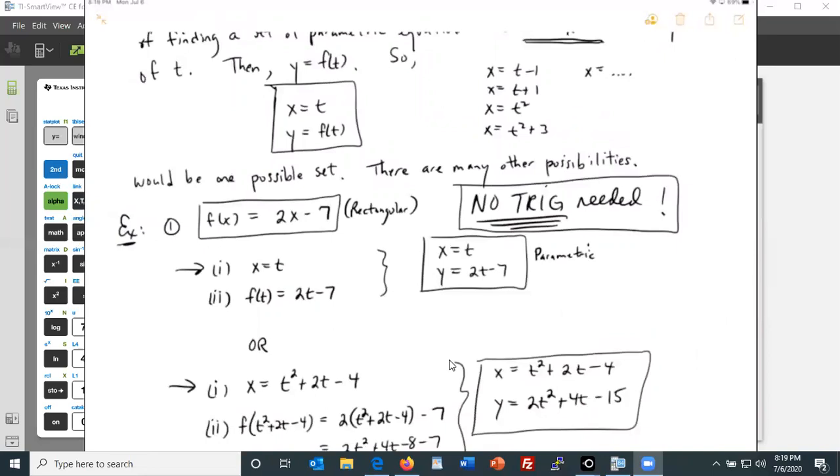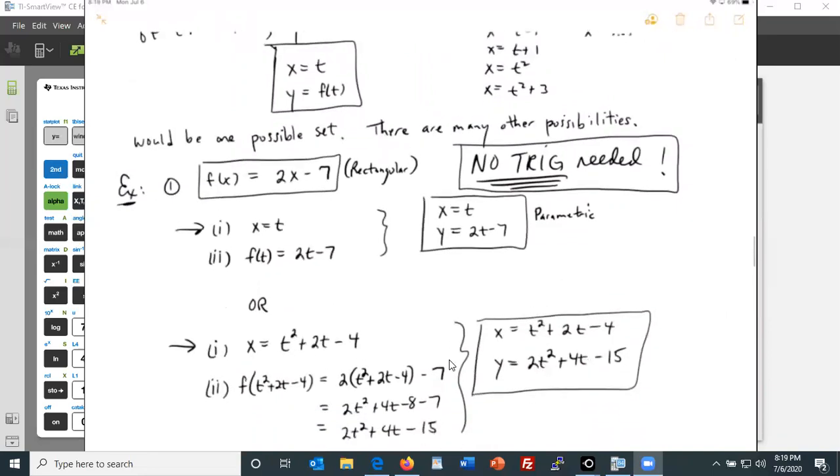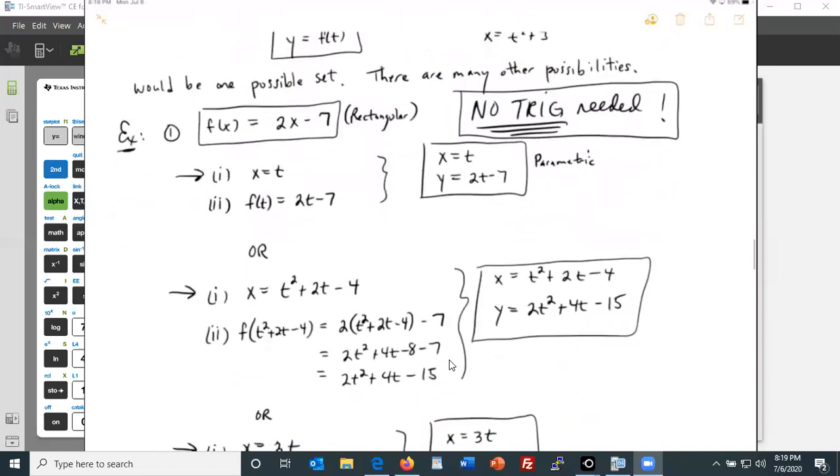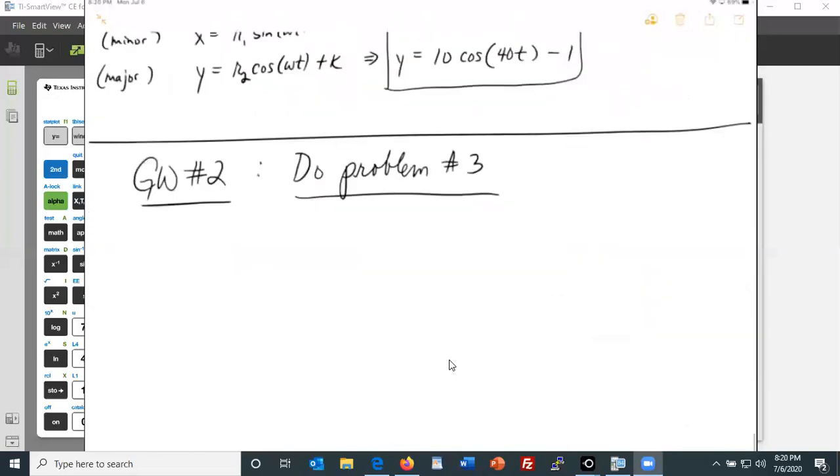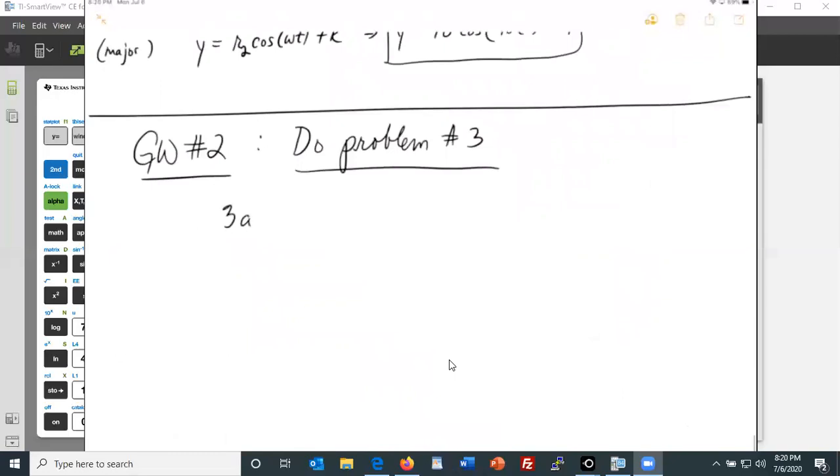So 3A on the lab is like this. Go back and visit this part for 3A on the lab where no trig is needed. So 3A is no trig. But then B through E is trig, like we just did here, okay?